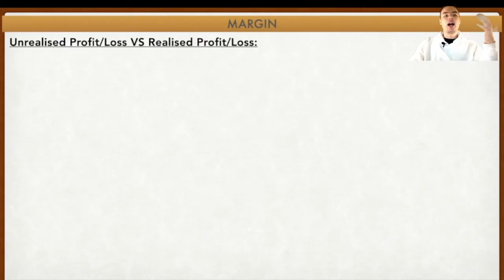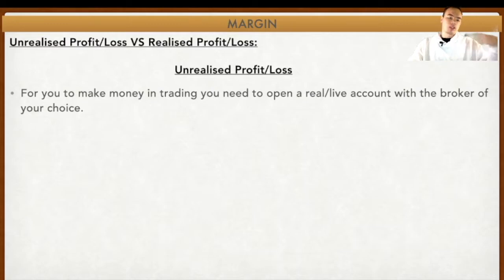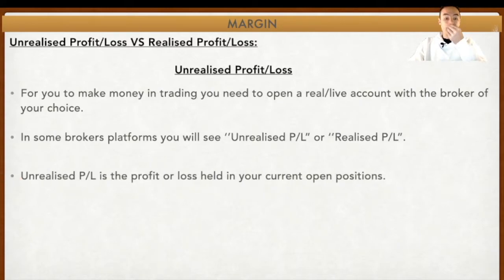Next one, unrealized profit or loss versus realized profit or loss. First one, unrealized. In some broker platforms, you will see unrealized profit or loss or realized profit or loss. Unrealized profit or loss is the profit or loss held in your current open positions.